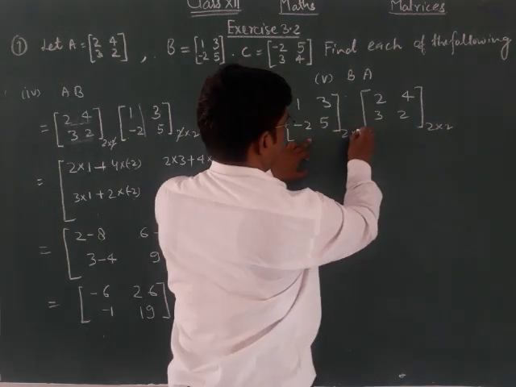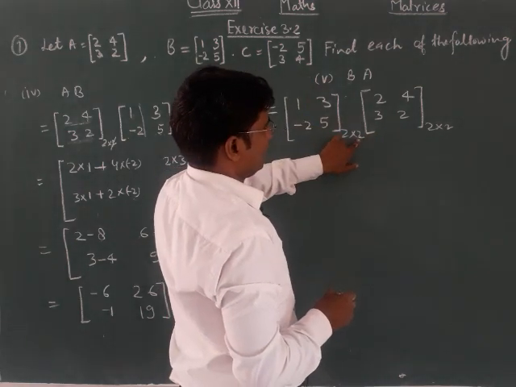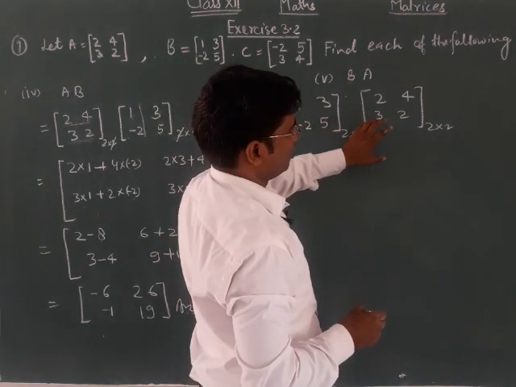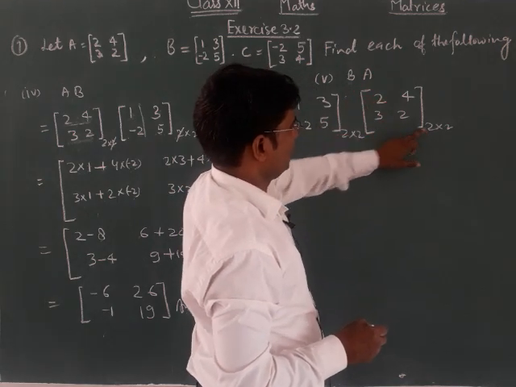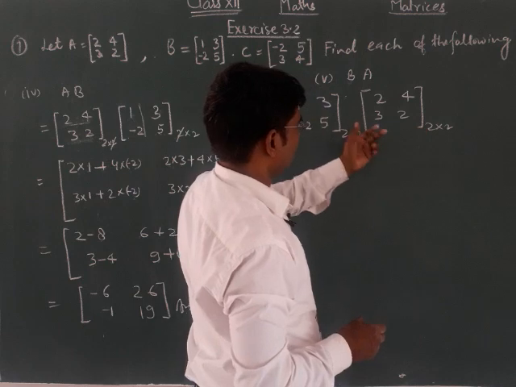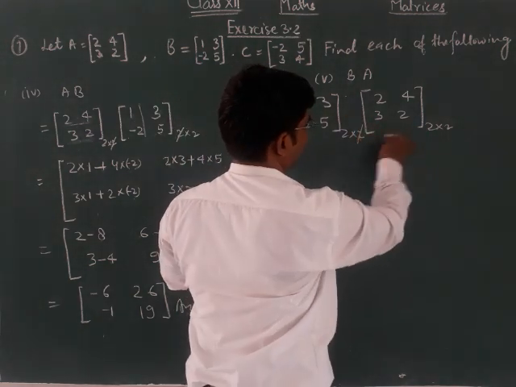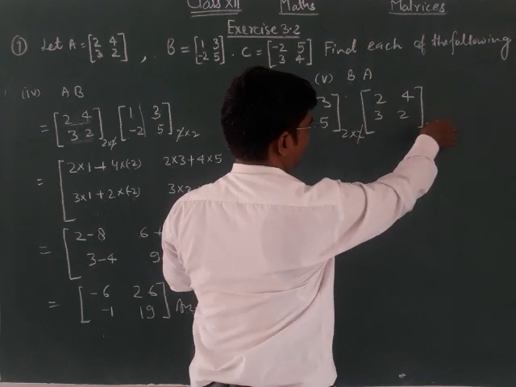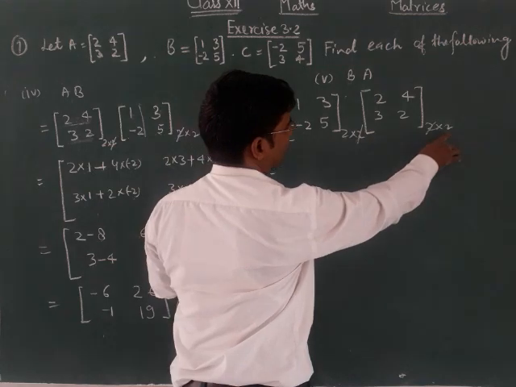If the column count of the first matrix equals the row count of the second matrix, then it will be possible. So 2 into 2, the 2s cancel out, so the new matrix is 2 by 2.